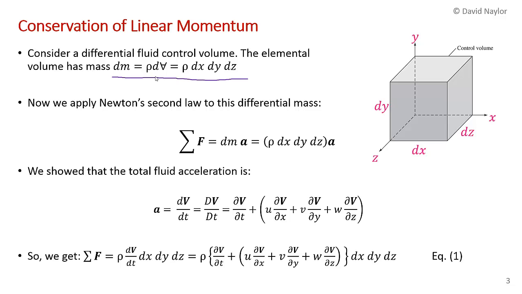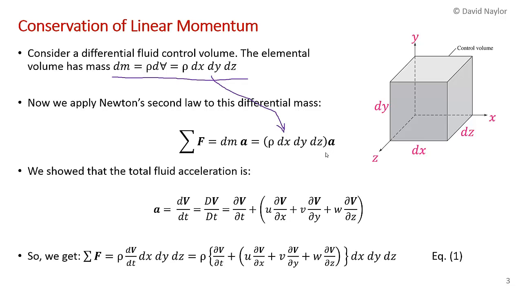Now we apply Newton's second law to this little differential mass. So sum of the forces, which we're going to talk about in the coming slides, equals dm times the acceleration. And of course, I've bolded the F and the A because this is in vector notation. And so I've made the substitution in here for dm.